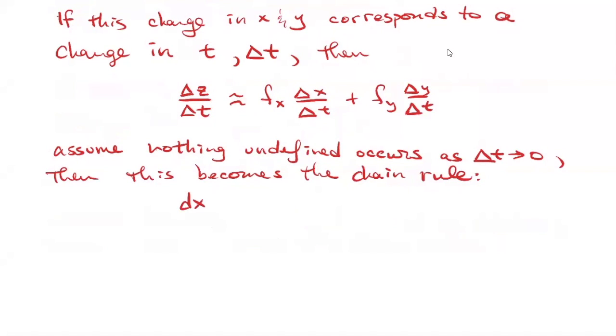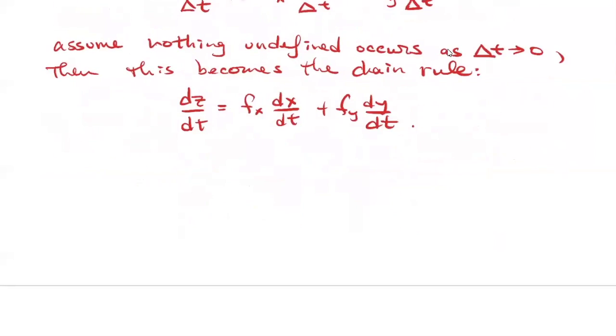So dz over dt equals fx dx over dt plus fy dy over dt. Just like that. Okay, any questions about that?